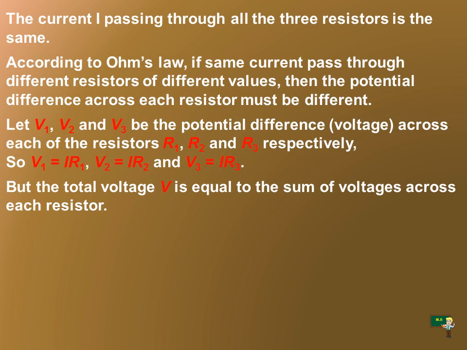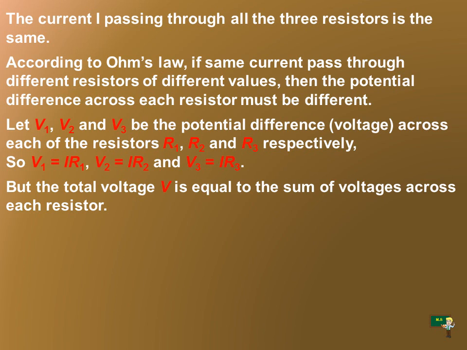So the current I, referred to with the symbol I, passing through all these three resistors is the same. According to Ohm's law, if the same current passes through different resistors of different values, then the potential difference across each resistor must be different.